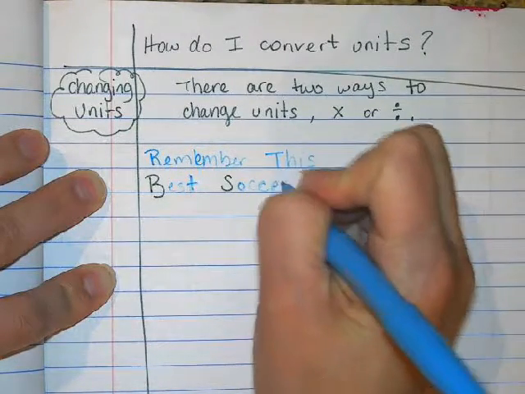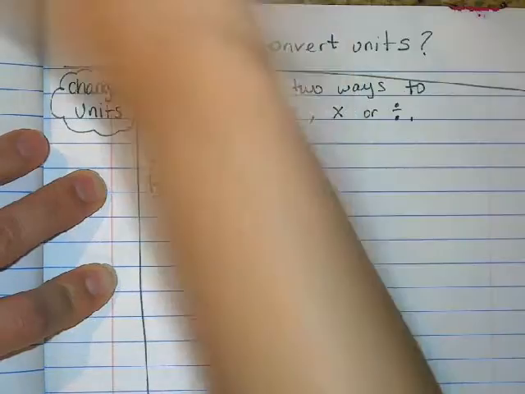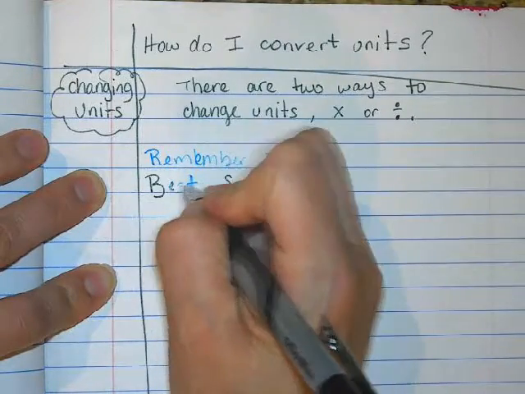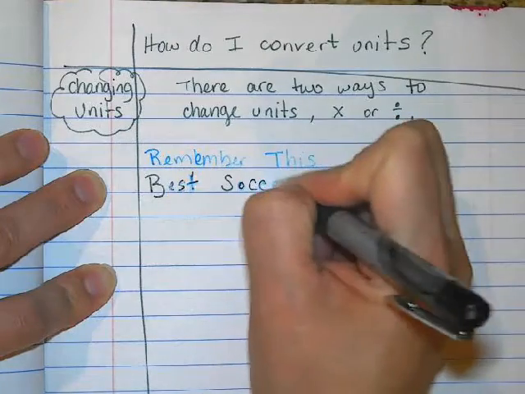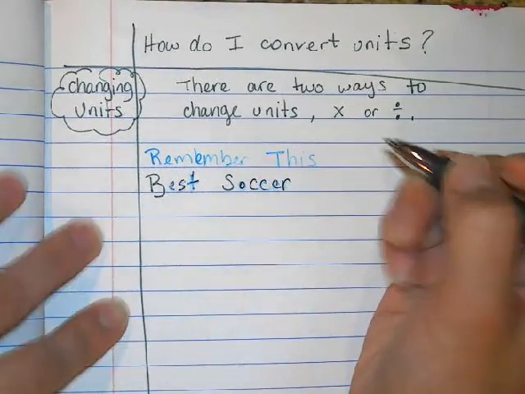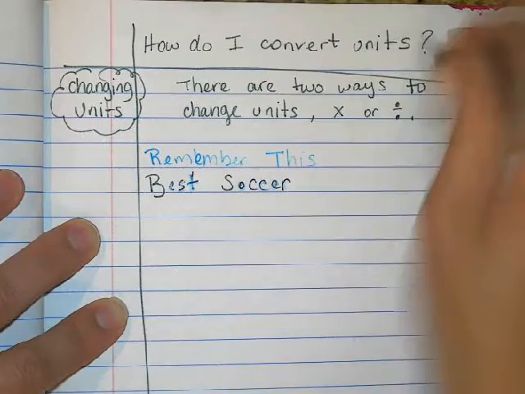Hopefully you guys can see that. No, we can't see that. Alright, so my ink's running out on that one. I need to get a new one. So best soccer, try to color code that, mom.